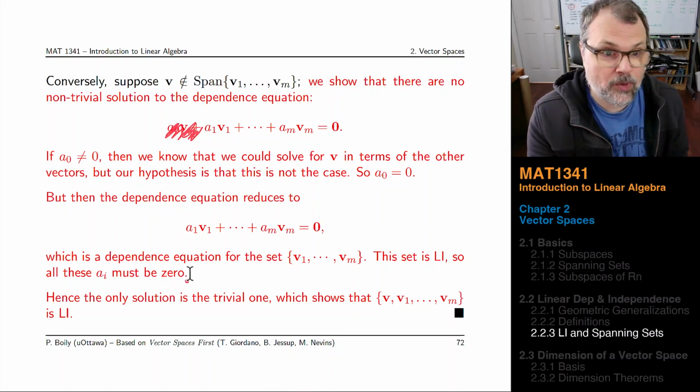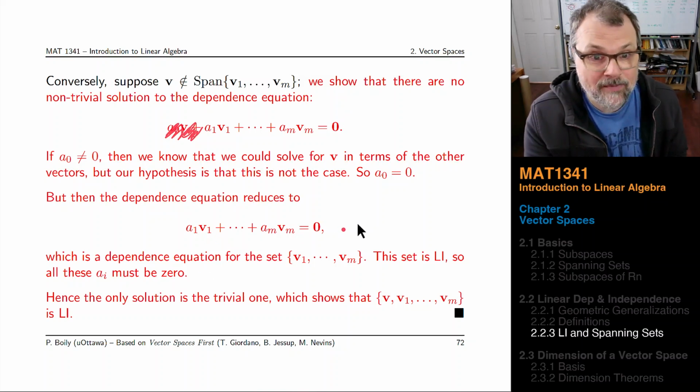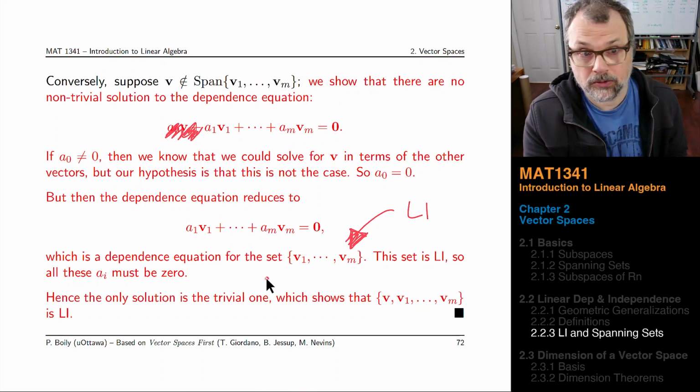That's a dependence equation for the set v1 to vm. We know by assumption that this set is linearly independent. And if it is linearly independent, the only solution to the dependence equation is the trivial solution. That means that a1 is 0, a2 is 0, all of the ai are 0.